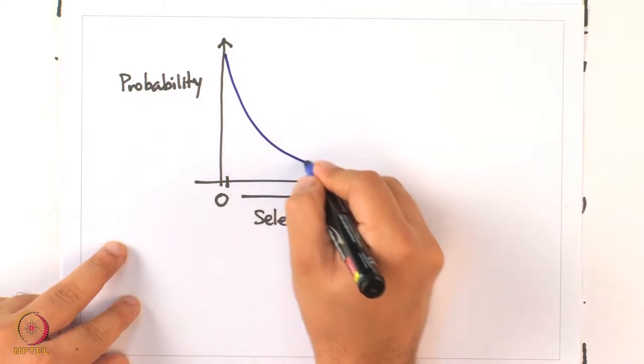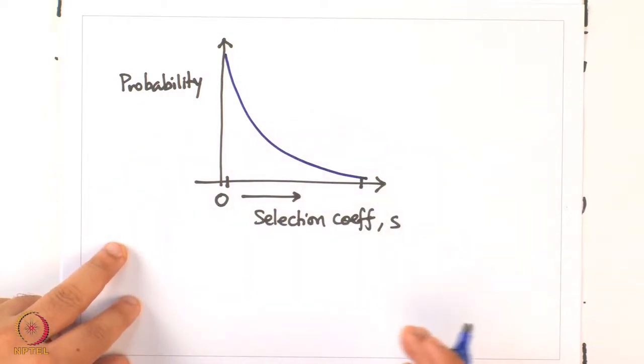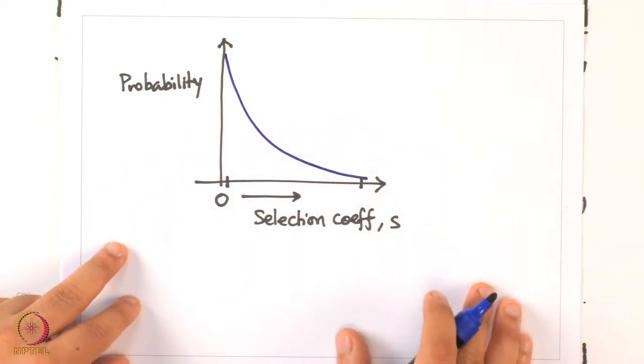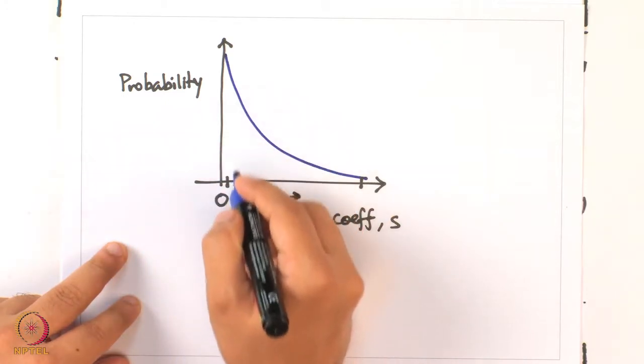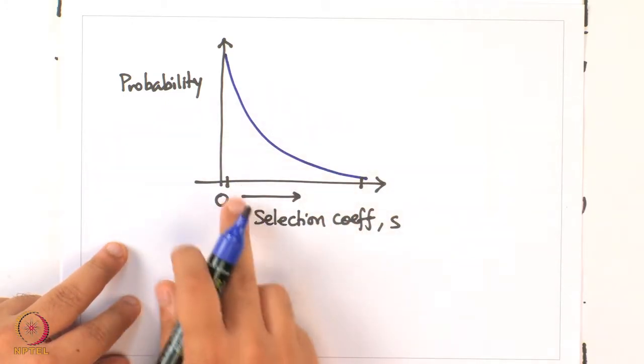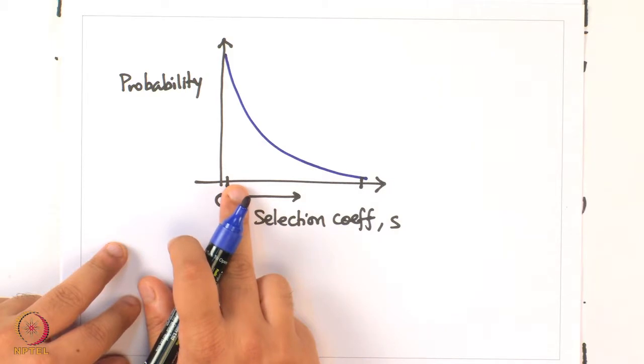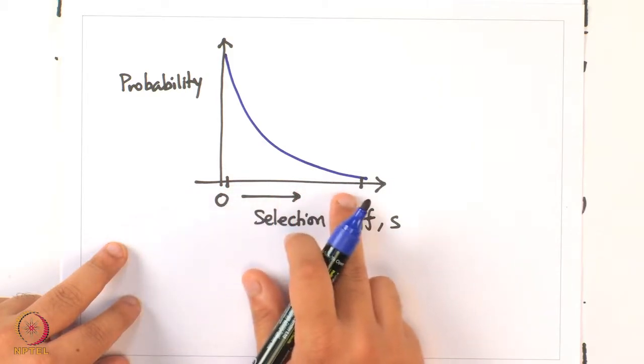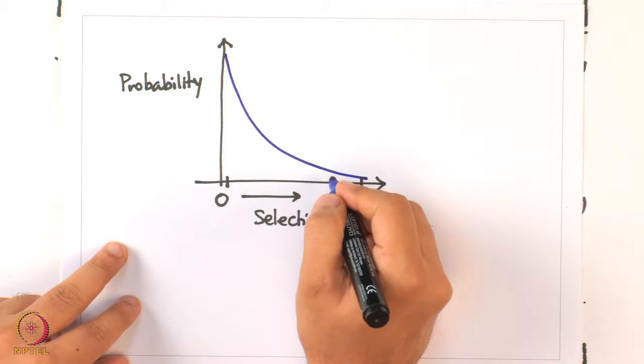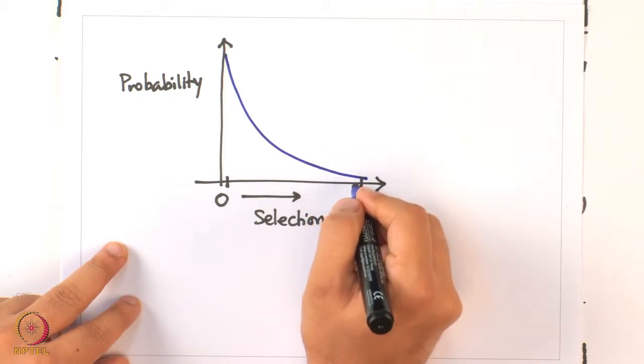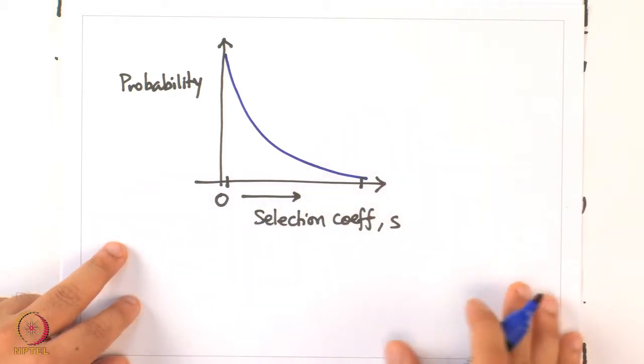So, this graph would look something like this. Again, all this graph is trying to tell you is that there is a greater probability of a beneficial mutation of a lower selection coefficient, and as you go towards higher selection coefficients, the mutations associated with them are going to be relatively rare.